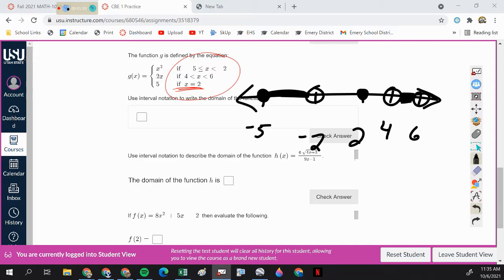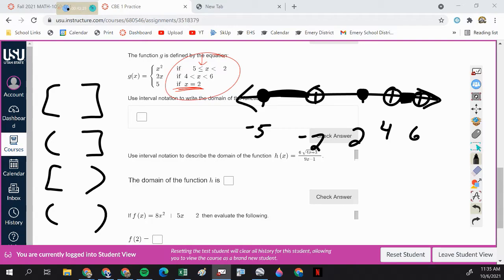Now, equal to is a closed circle. Yeah, they're all open circles except the equals are closed. Okay? So now, we do interval notation using brackets and parentheses.